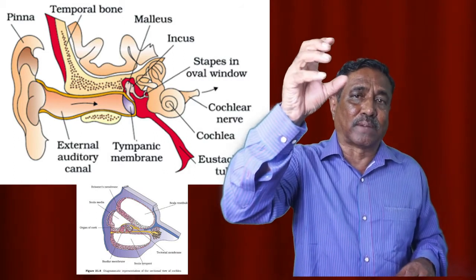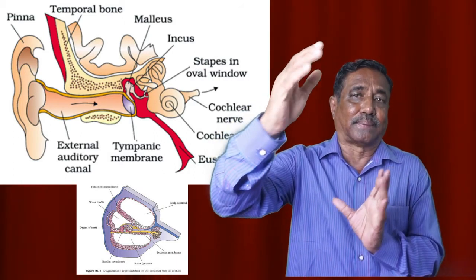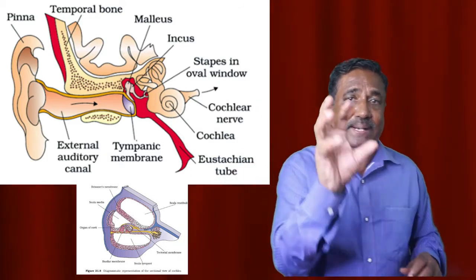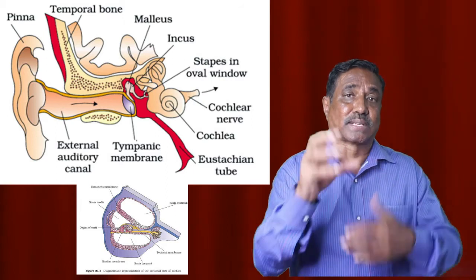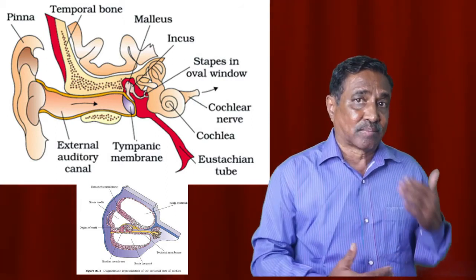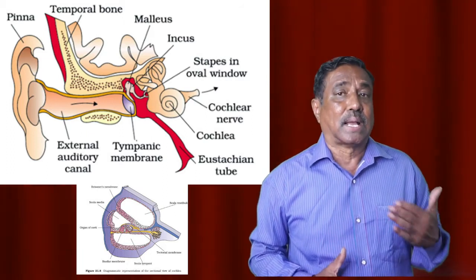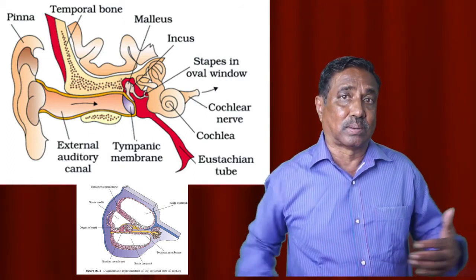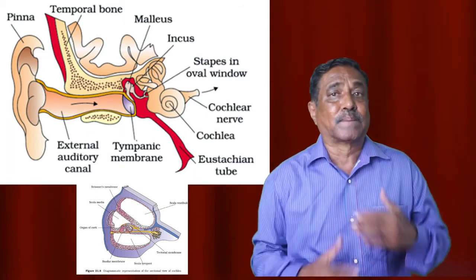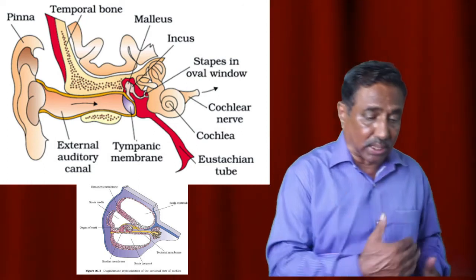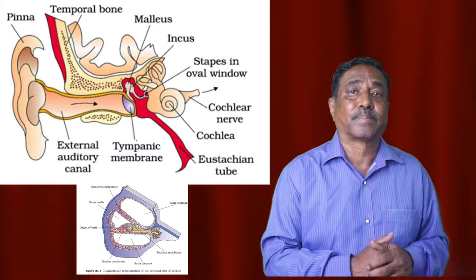Scala vestibuli, with the basilar membrane and the tectorial membrane, encloses the perilymph, and scala media encloses the endolymph, and scala tympani encloses both perilymph and the endolymph.